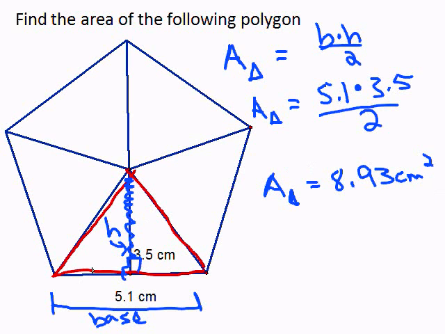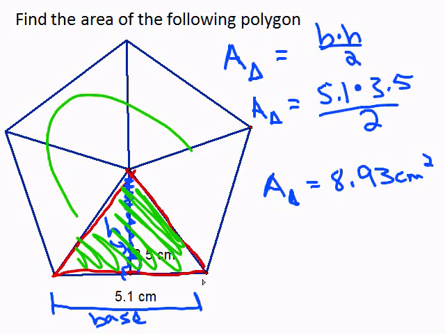Now we don't want just the area of one triangle, because that would give us just this part of the entire polygon. We want the whole thing. So we need to multiply that by 5 since there are 5 triangles altogether, or 5 sides. So to find our final answer, we're going to go 8.93 and multiply by 5.